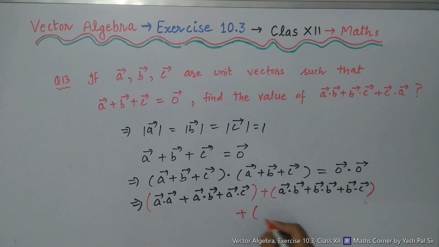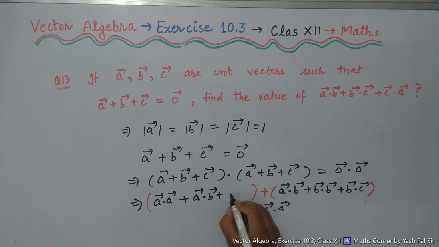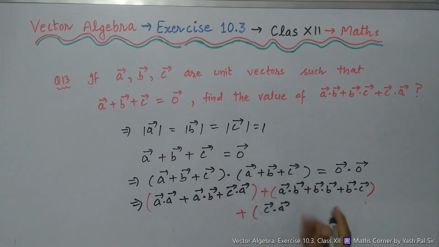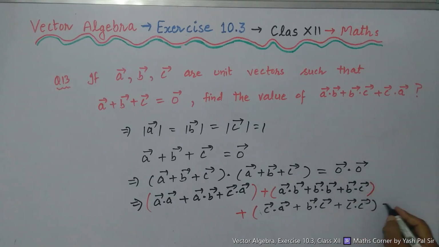Third time we multiply with C, C is multiplied with the second bracket, C dot A, or we can write this as A dot C. Here this A dot C can be written as C dot A, right, plus C dot B, which is equal to B dot C, plus C dot C. Right hand side, 0 dot 0 becomes 0.